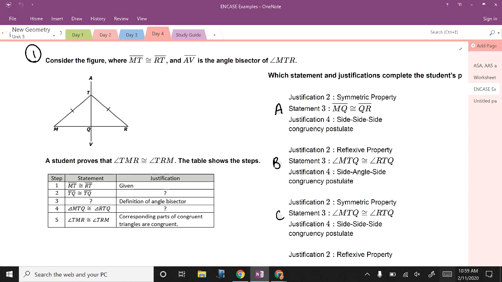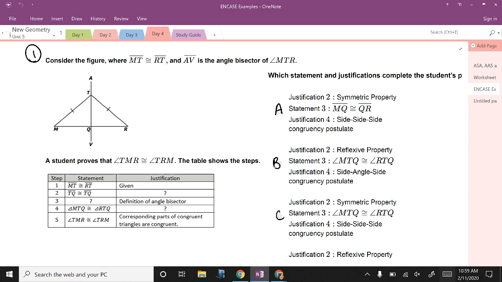Then number three is the definition of angle bisector. So the definition of angle bisector of angle MTR told us what two angles are congruent. Also, did you notice that A and D said segments are congruent? Yeah, so if it's angle bisector, we need angles congruent, not segments congruent. Does that make sense? That makes sense.